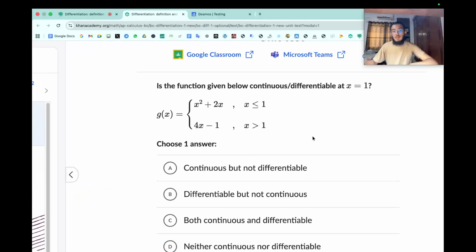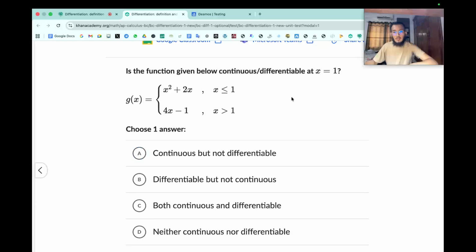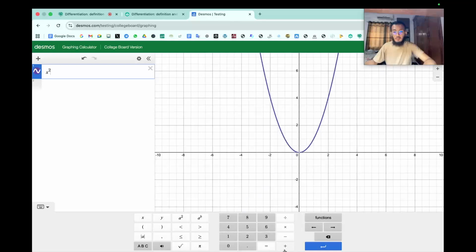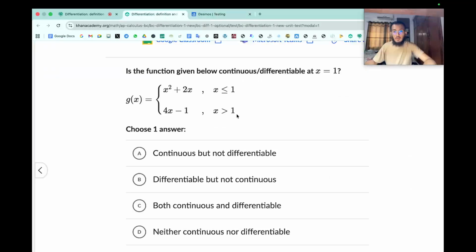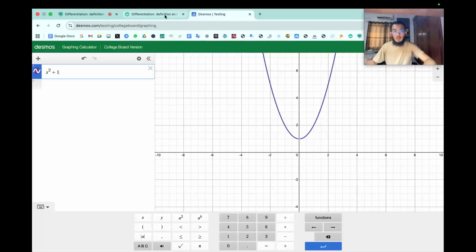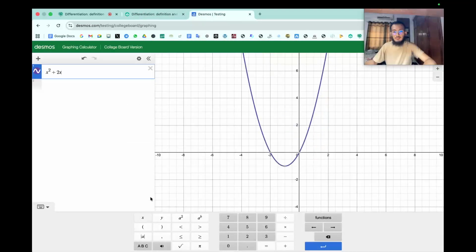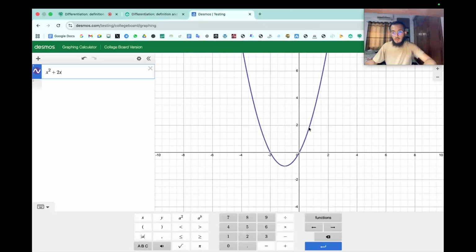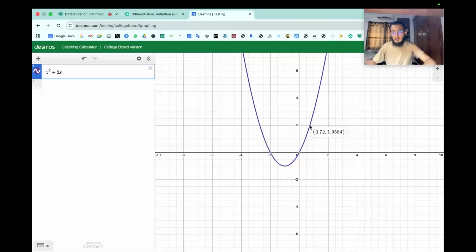Is the function below continuous, differentiable? Okay, let's first find whether it is continuous at this value or not. So we have x squared plus 2x, and we have to plug in 1. When x equals 1, we do get a value here, something like 3.